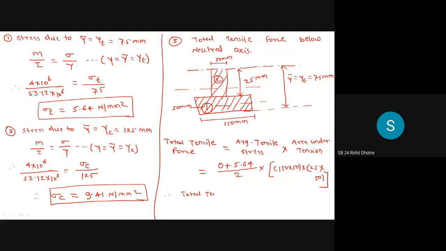Total tensile force: how much? 26.43 into 10 raised to 3 Newton. Please check your answers. Others, please do the calculations properly.